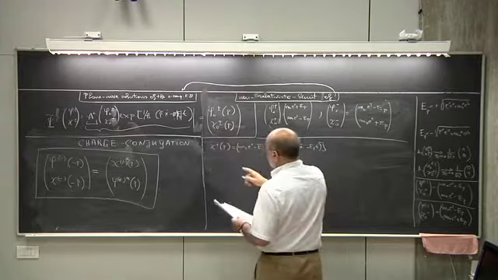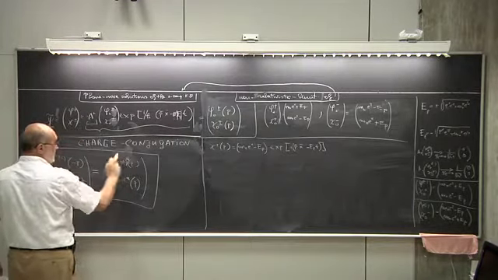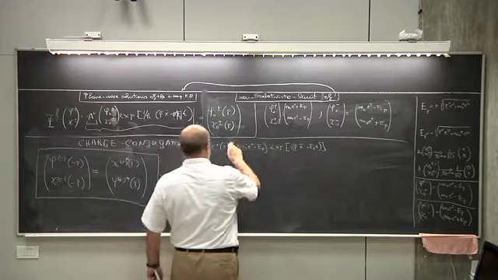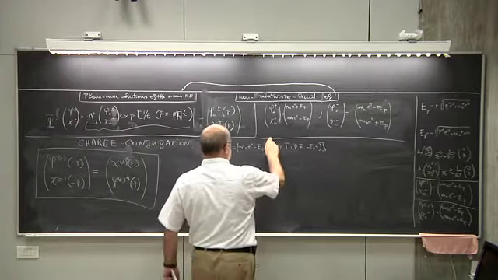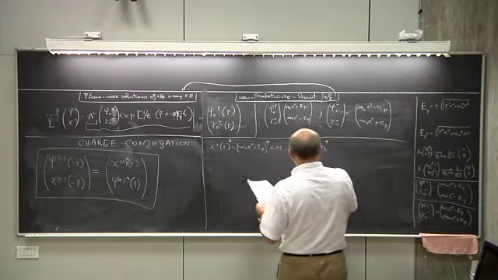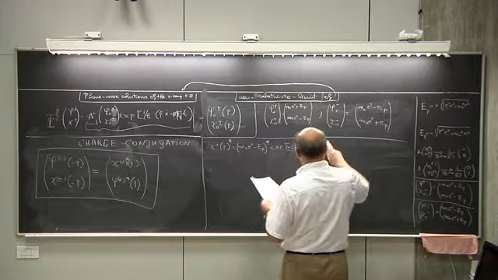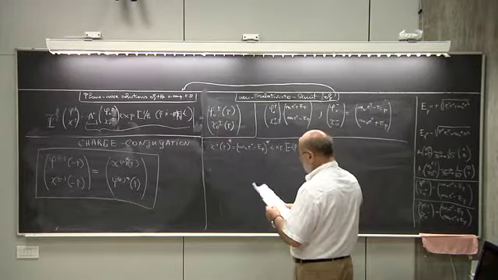Now I have to do the star of chi plus, so let's do the star of this. If you do the star, then this object has nothing else than a minus here.